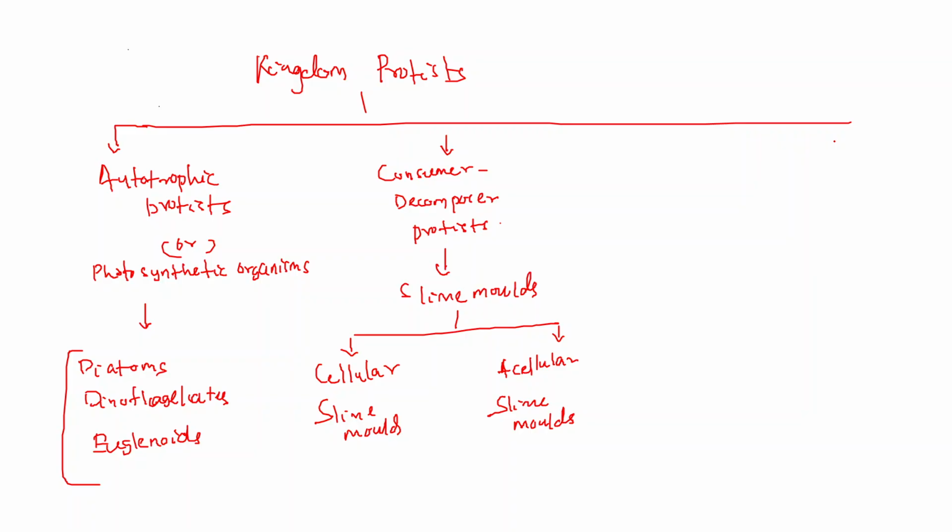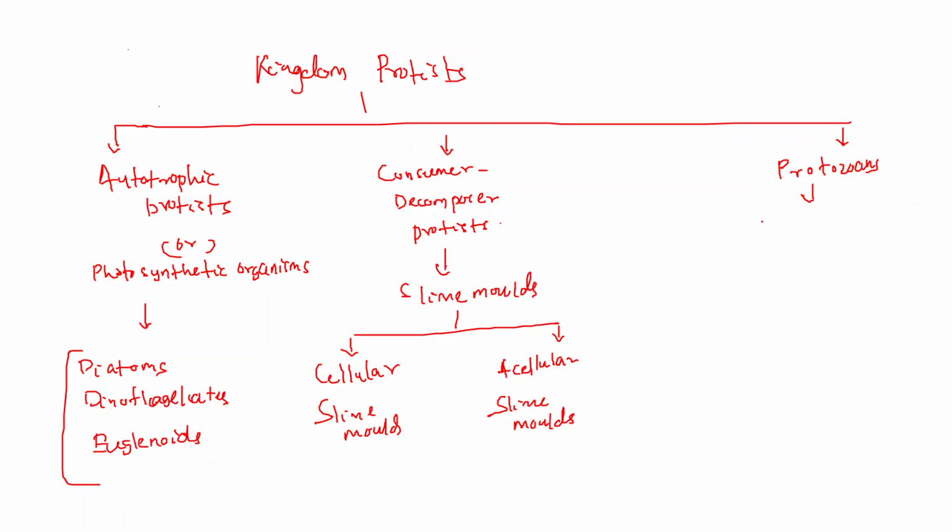The third group of protists are known as the protozoans. There are many groups under protozoans; protozoans are mainly divided into four types.